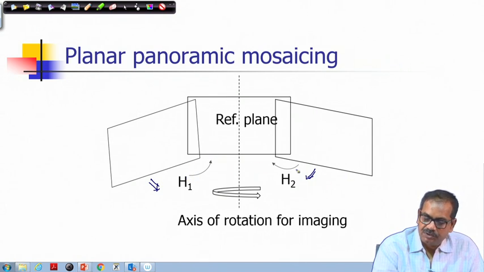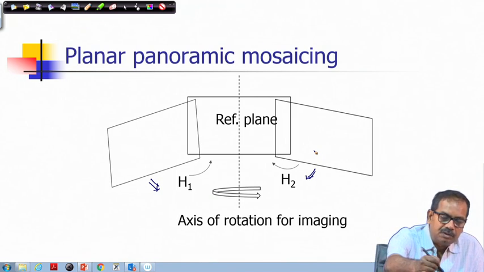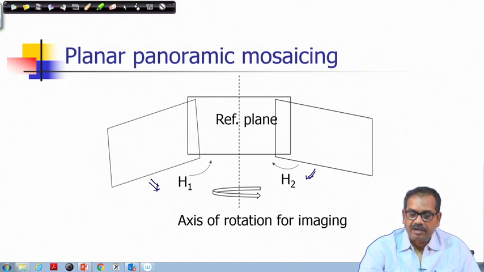Suppose this homography is H1, and again apply homography from this view to this view, and then all the points are registered on the same coordinate system, and you can get the larger image. That is how you can get a panoramic mosaic using this kind of computation.